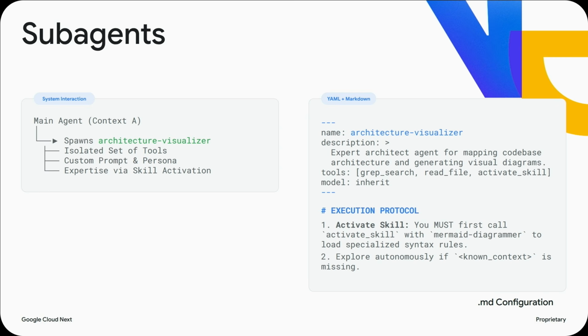This is useful for when you want to invoke it explicitly, but a lot of times we want things to be invoked implicitly. And that's where this piece comes in. The description is really important. I find in my workflows, having a really solid description is part of the best way to get the most out of your subagents. A very simple description might not give your main agent enough ideas of what to hand off, how to hand off, or really when your subagent is useful. That's a key piece to get a good implicit invocation of subagents.